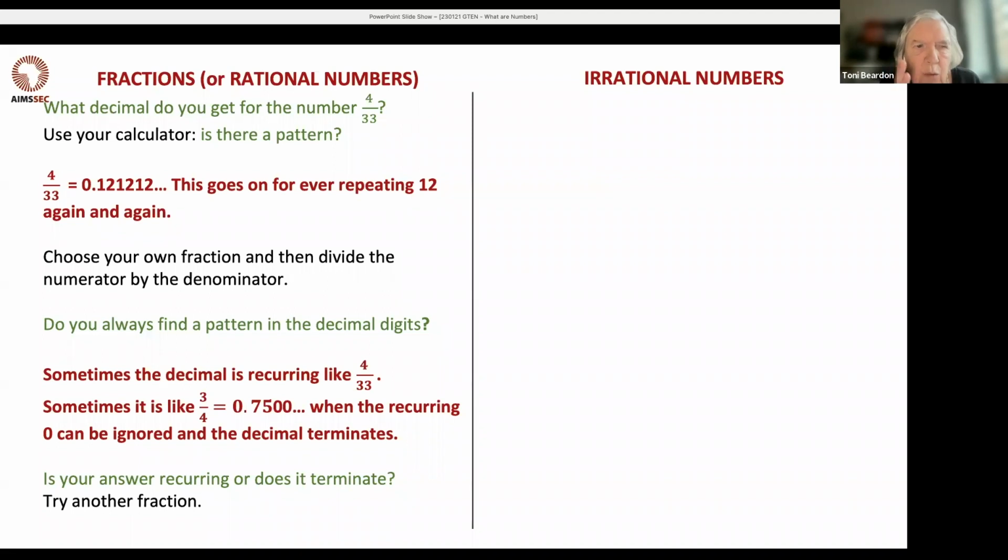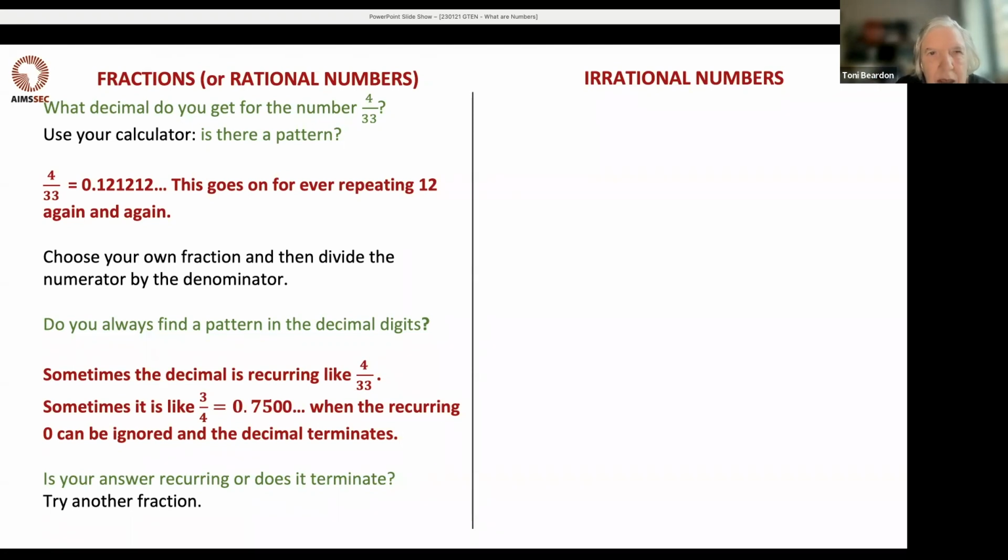If you divide one number by another, do you always get a pattern? Now, it may be that your calculator rounds the numbers off at the end, or perhaps it will just chop off the rest of the repeating pattern. So you really have to do the division to make sure.